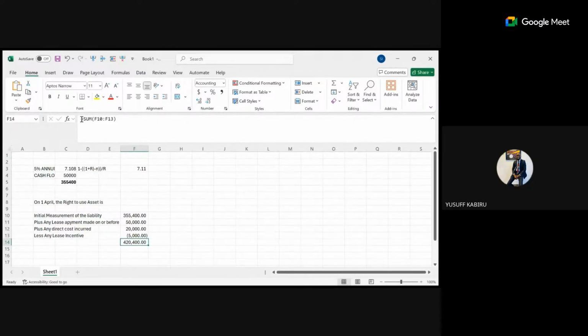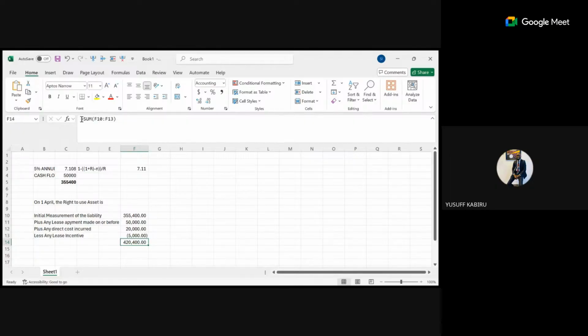The amount you are measuring that particular property or asset with is your right of use asset. Meaning that the amount you are carrying it in your books may be far higher than the liability you are going to pay, reason being that you have incurred extra expenses. This is different from what you'll be paying as per the amount charged as interest.